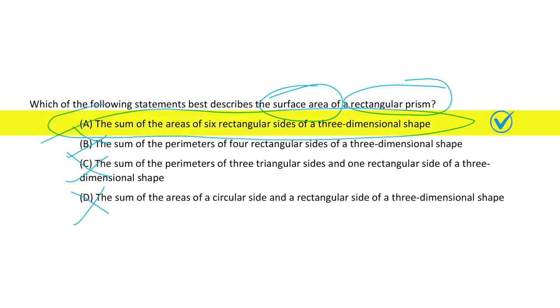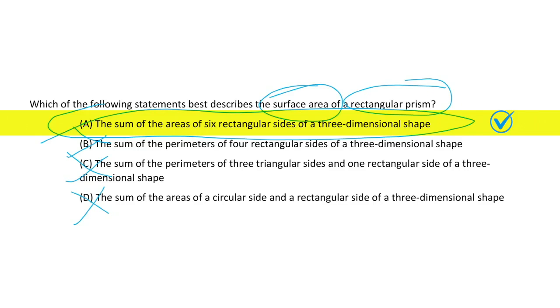However, I want to also mention that surface area is the measurement of the area outside of the 3-dimensional shape. A rectangular prism is a 3-dimensional shape made up of 6 rectangular sides. So the surface area of a rectangular prism would best be described as the sum of the area of those 6 rectangular sides.